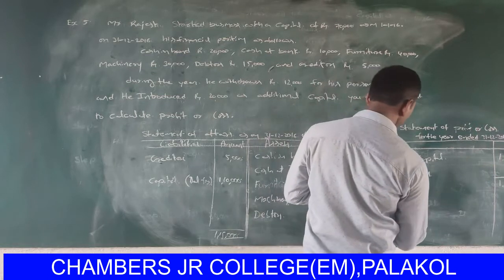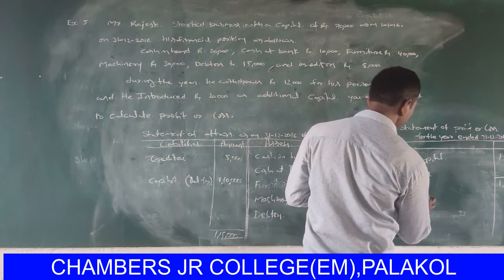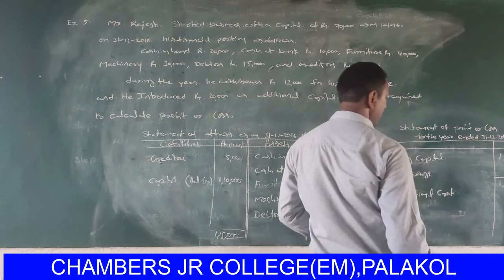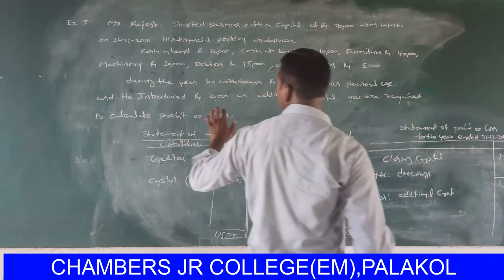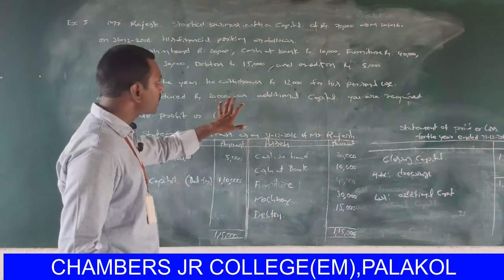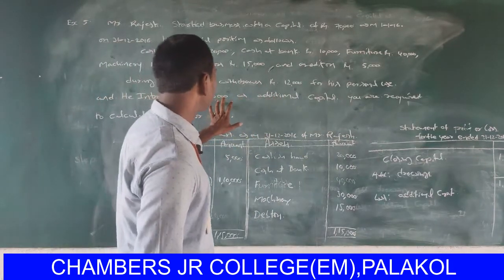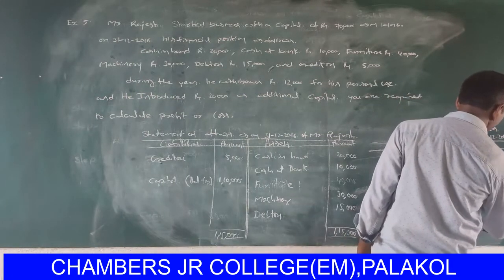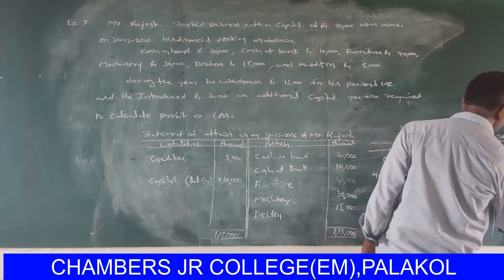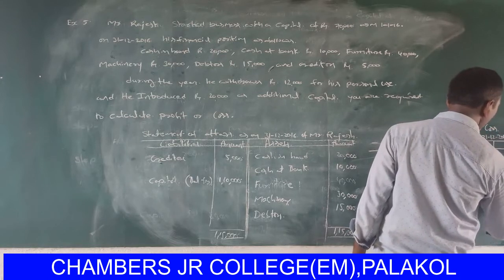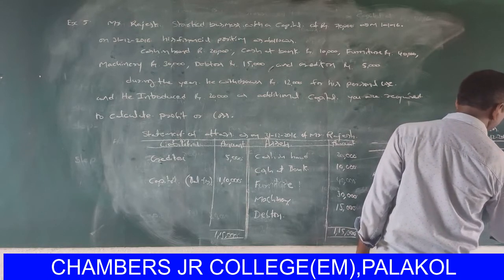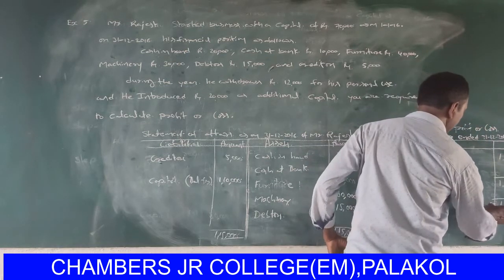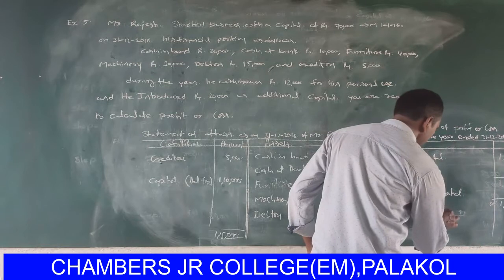Less additional capital. He introduced rupees 20,000 as additional capital. Here we take 20,000 as additional capital. 1,22,000 minus 20,000 is 1,02,000. This is adjusted capital.